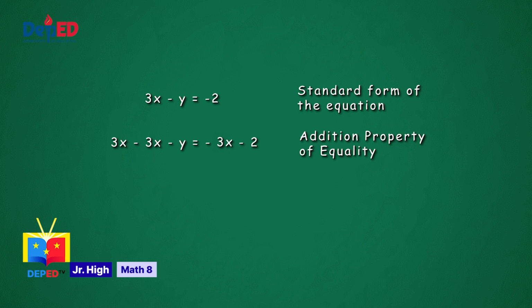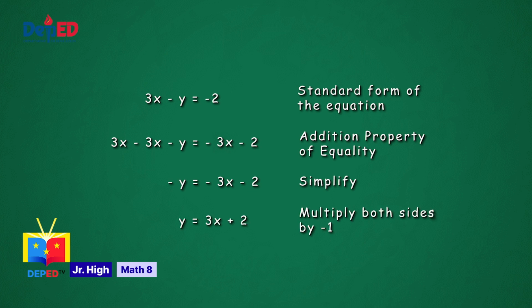This will yield a new equation, negative y equal to negative 3x minus 2. But take note, we should have a positive y for the slope-intercept form. After multiplying both sides of the equation by negative 1, we will have the slope-intercept form of the equation y is equal to 3x plus 2.